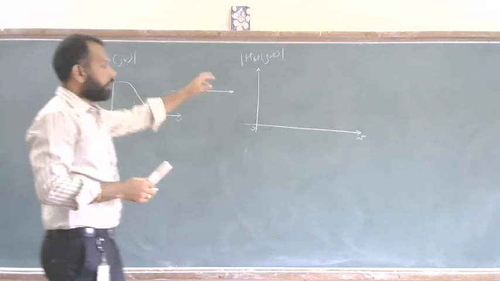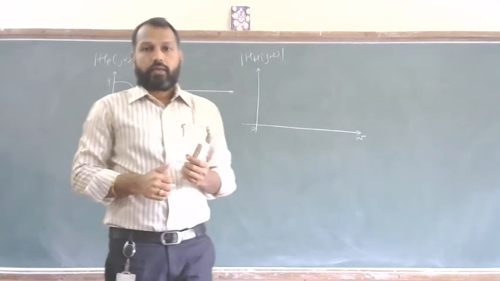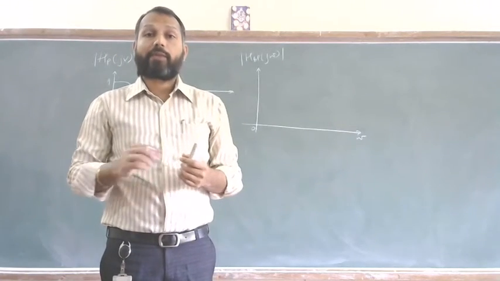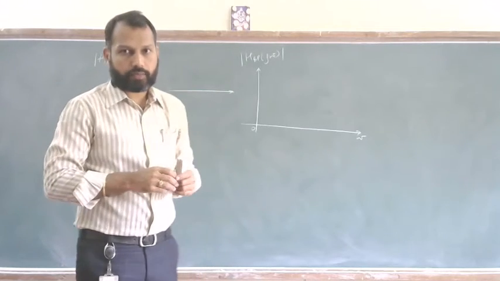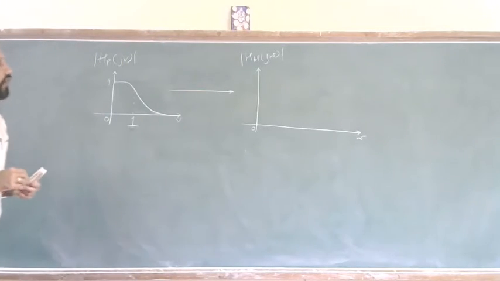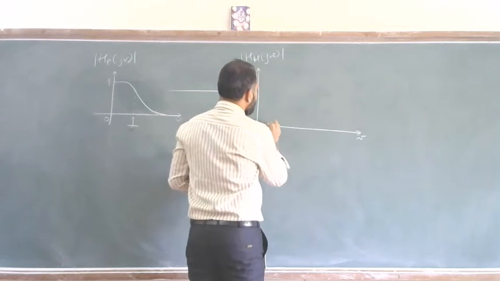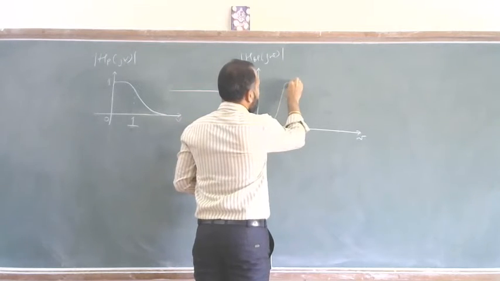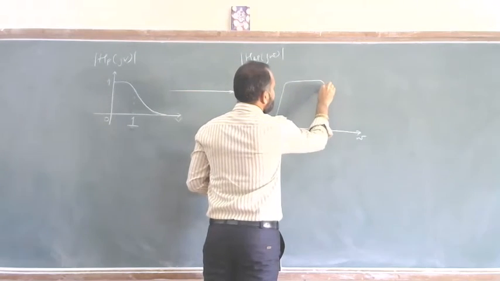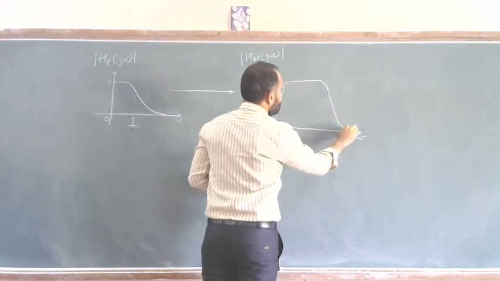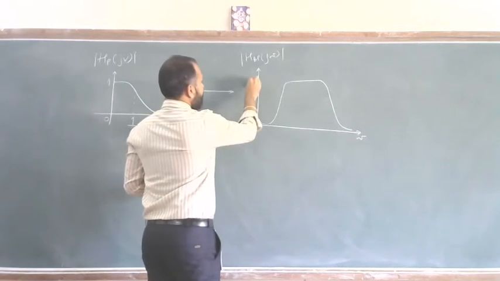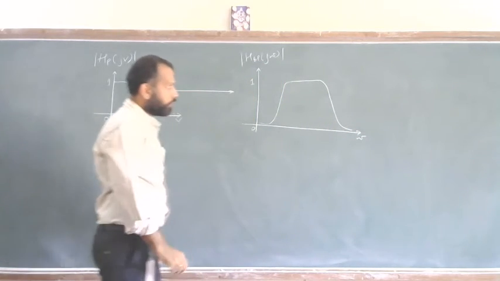HBP represents the system function of a band pass filter, a practical band pass filter. And we know the frequency response or the magnitude response of a band pass filter will be, maximum gain will be 1.